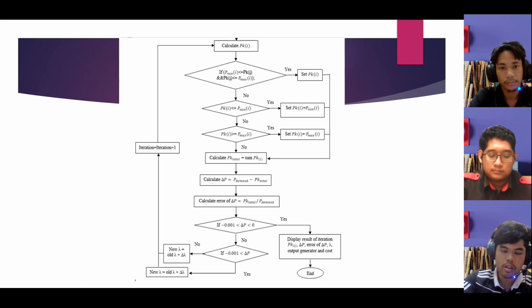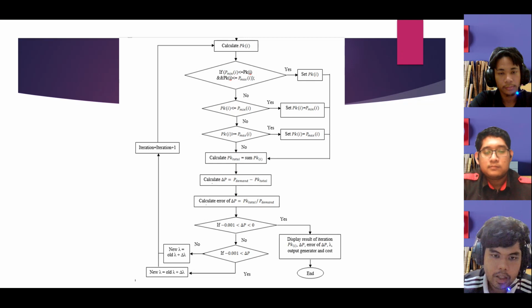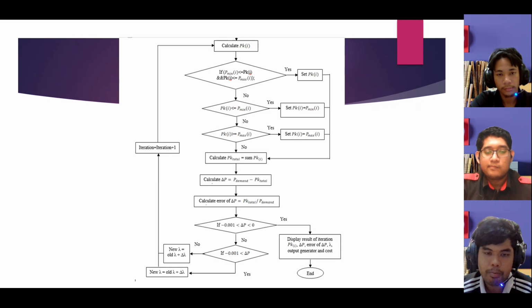The first possibility is if Pmin is below or equal to PKI and PKI is below or equal to Pmax. If the statement is true, or yes, the value is set to PKI, which means the values are set to PK1, PK2, and also PK3.